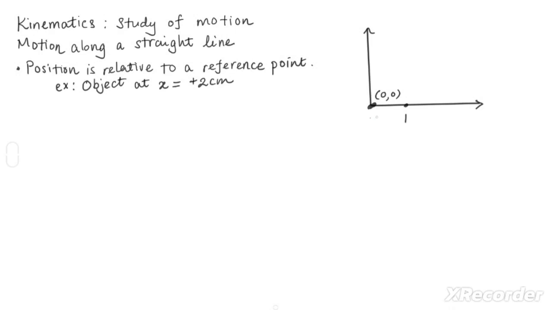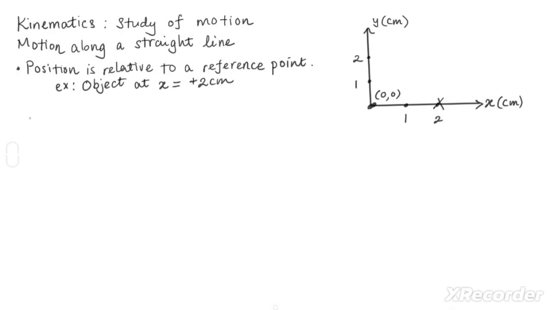And say this is 1, 2, and 1 and 2. So this is our x direction, say this in centimeters, and this is y and in centimeters. So our x equals 2 centimeter position would be here, but that is with reference to our origin.